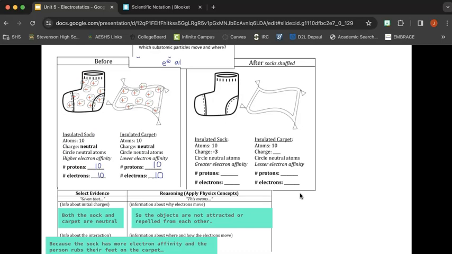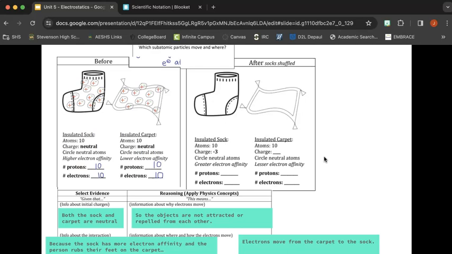So the sock has more electron affinity. That's just given information in the prompt, in the model. So the sock has more electron affinity. So that means that electrons are going to move from the carpet to the sock.